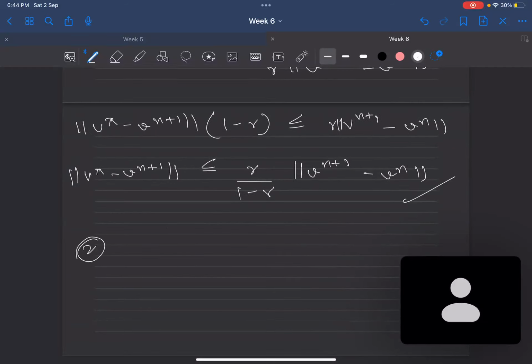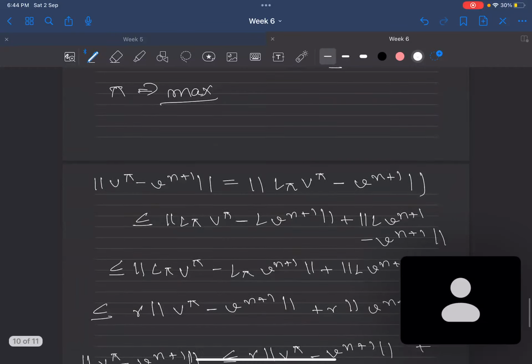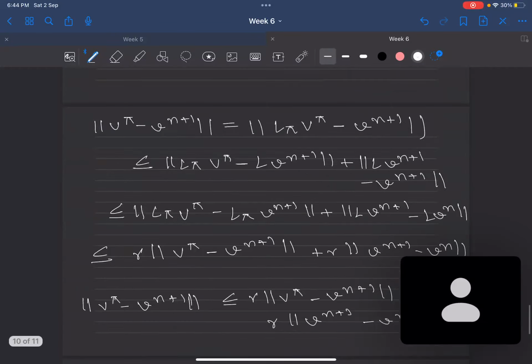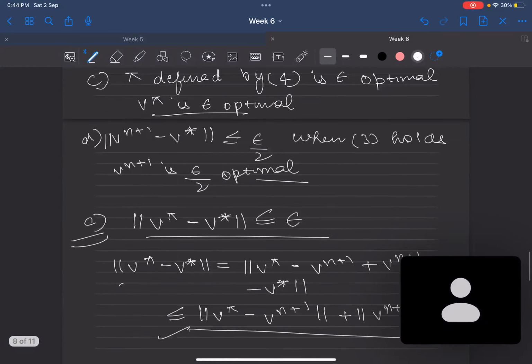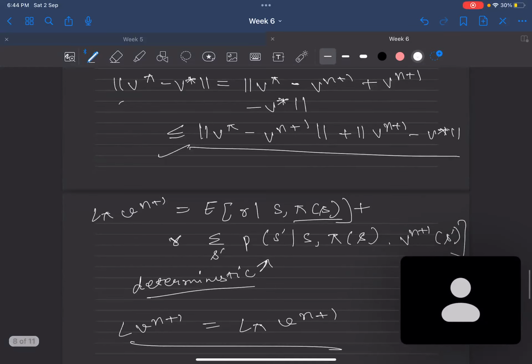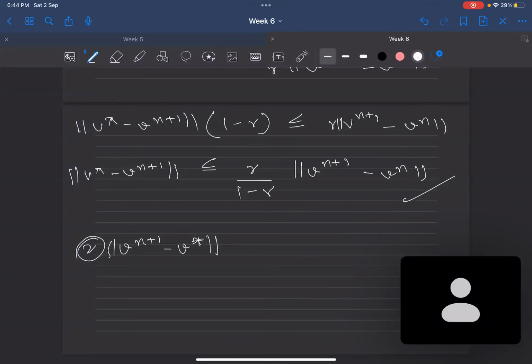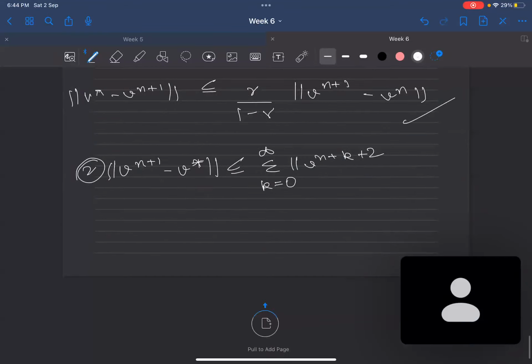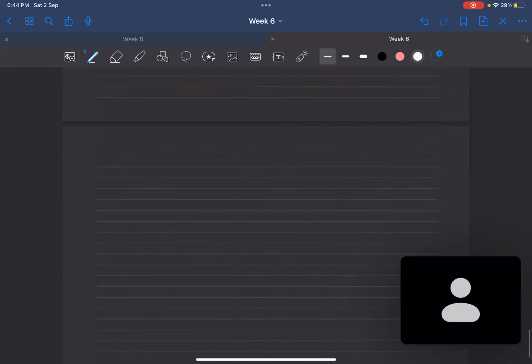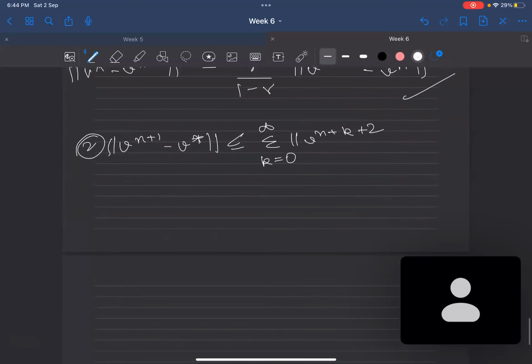Now the second part, what was it? Vn plus 1 minus V star. I'm writing it the same way as in the last lecture, when we were doing the contraction thing, where I proved how we came to the summation term.